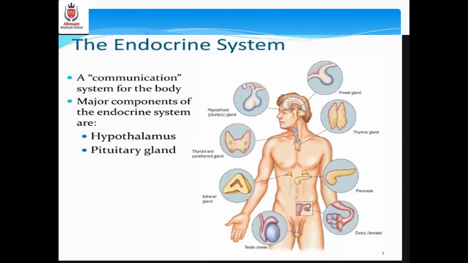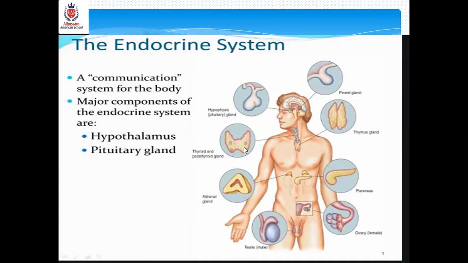So, we talked about the endocrine system and we agreed that it regulates most of the functions inside my body. It's like a communication system for the body. All of the glands in the endocrine system work in harmony and in a communicating way to control different metabolic actions and different functions inside the body.